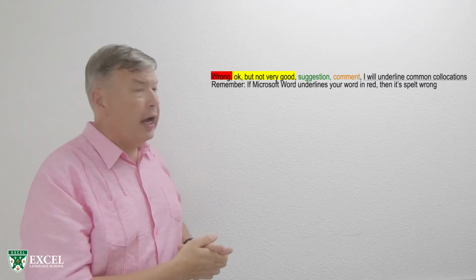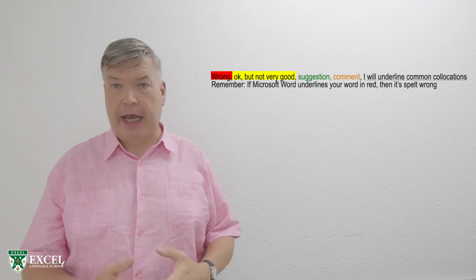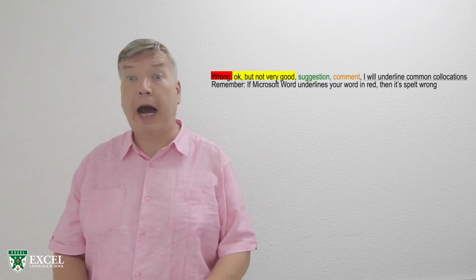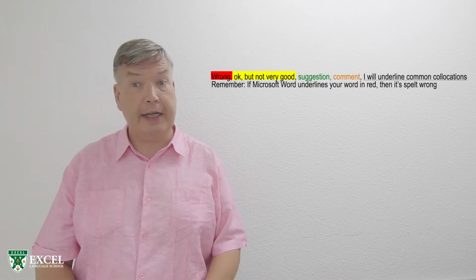Next to that, there are the green letters, and the green letters are the reviewer's suggestions for improvement. It's what the reviewer thinks you should have written. The red letters are the reviewer's comment. They are not intended to be part of the essay.